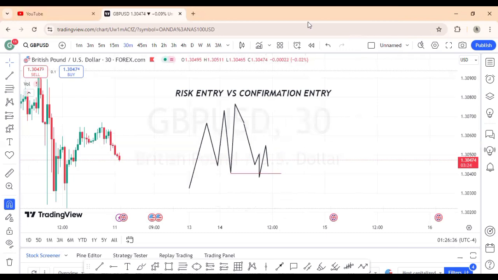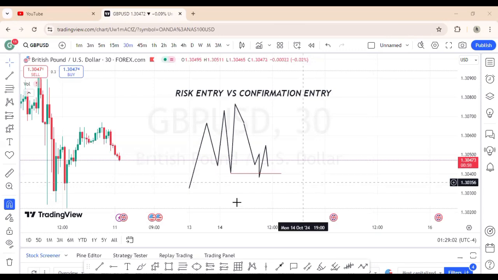So this is one of the challenges that people that take risk entry usually face, right? They face this kind of issue when you don't wait for confirmations. That is basically the challenge that those that take risk entry face.